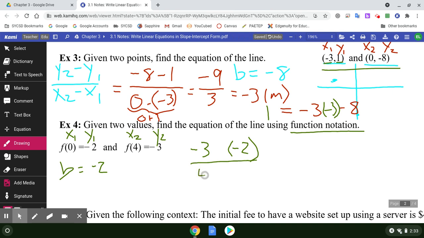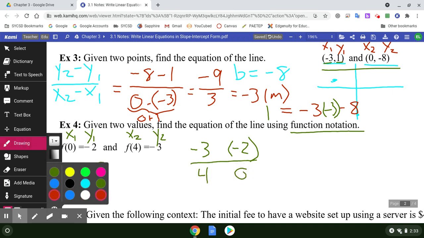I'm just going to color code this to show that I'm taking the difference between my y values and then the difference between my two x values. And that equals -1 divided by 4. So that is my value of m.